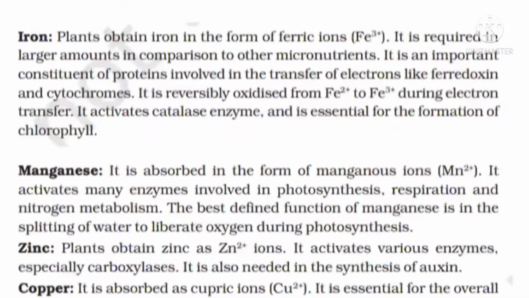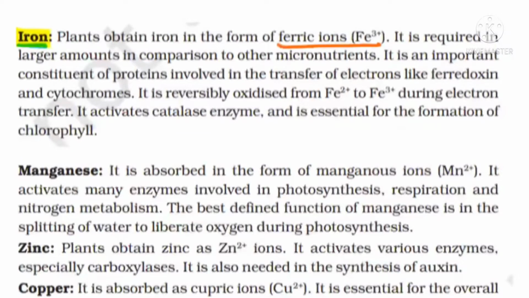Now see micronutrient. Okay. Now we are focusing on micronutrients. Iron. First micronutrient we are taking is iron. Now if you see, first of all, this was asked in the PMT. The plant is obtaining iron in which form? Please remember it is obtaining iron in ferric iron form, means Fe3+.